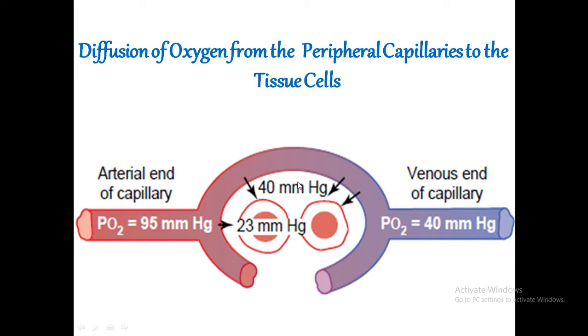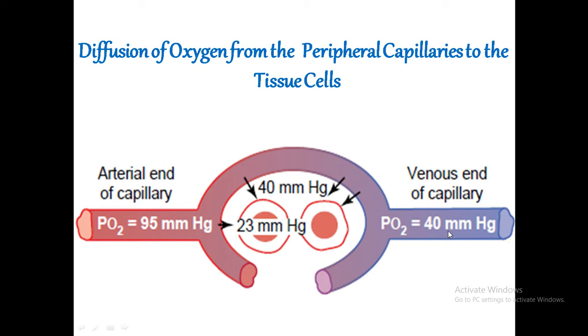In the interstitium it is 40 mmHg. Because of this great difference between the partial pressures, the oxygen easily diffuses inside to the tissue cells to be utilized, so that the drop of the partial pressure takes place, and at the venous end we have 40 mmHg.